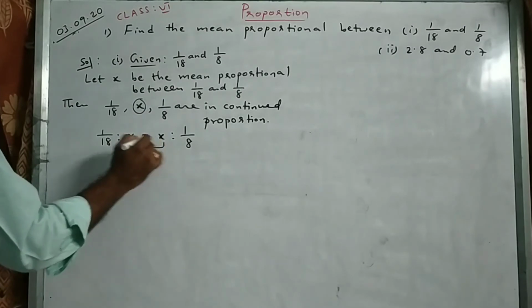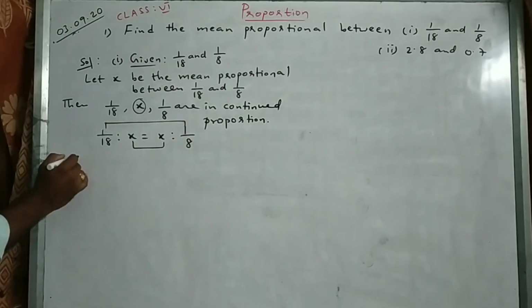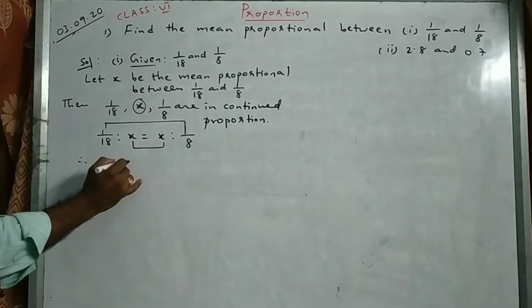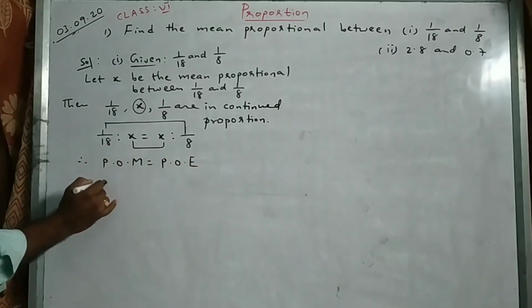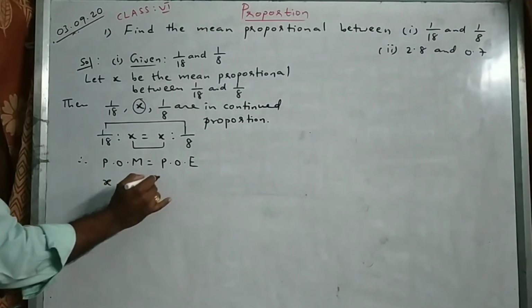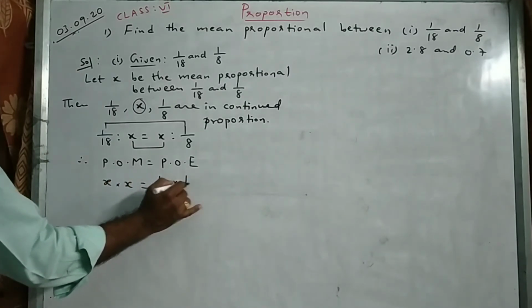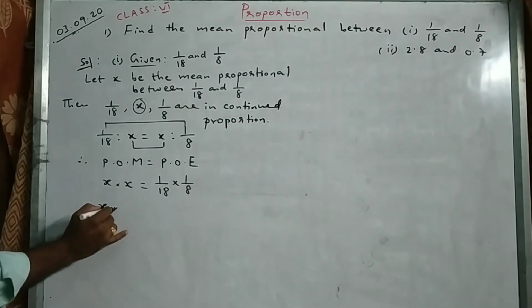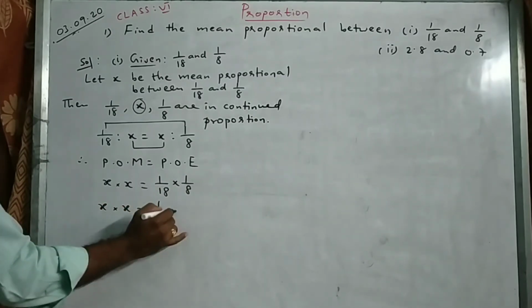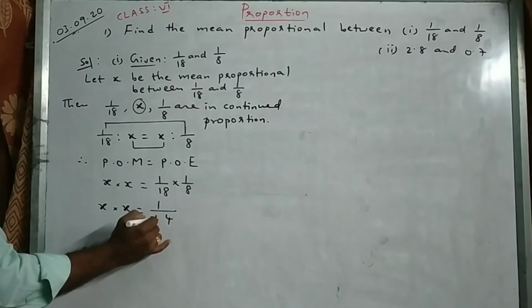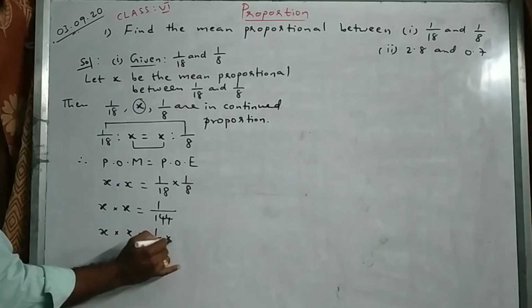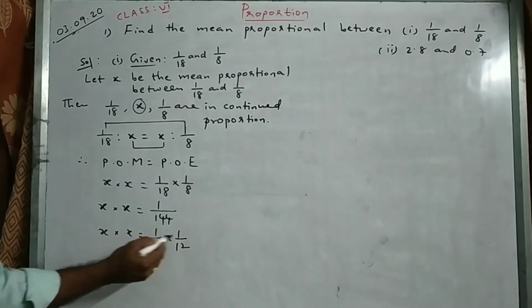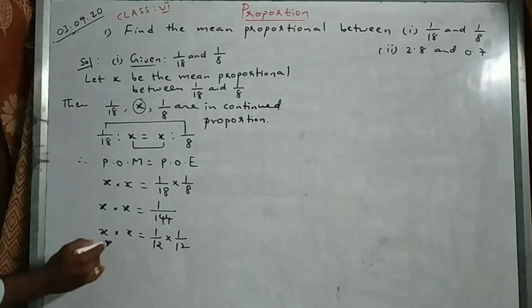Now I can write product of means equal to product of extremes. What is the product of means here? x into x equal to 1 by 18 into 1 by 8. So x into x equal to 1 by 18 into 8: 8 8s are 64, so 144. So I can write like this: 1 by 12 into 1 by 12. Product of same numbers you must express here, because this side we have the same numbers, x into x.